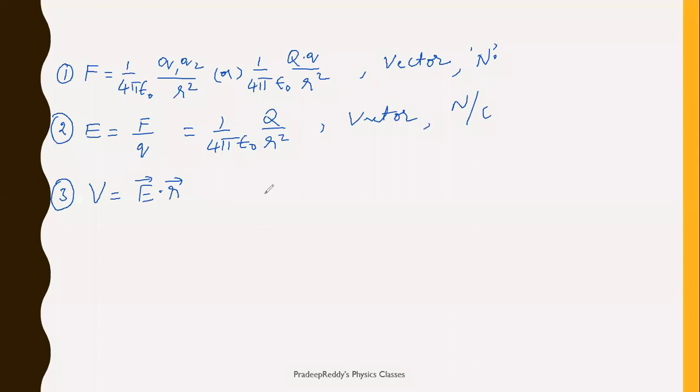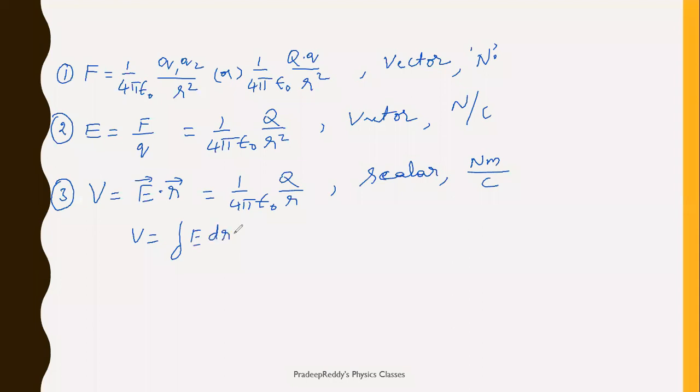This E dot R can be written as 1 by 4 pi epsilon naught capital Q divided by R. The unit of electric potential is Newton meter per Coulomb. Or you can write electric potential V as the integration of E dot dr. This is one more relation you can use to find electric potential. This we will be using in today's lecture.